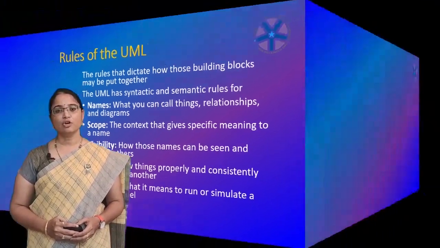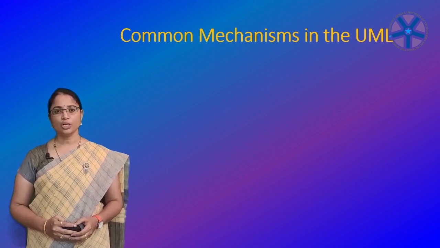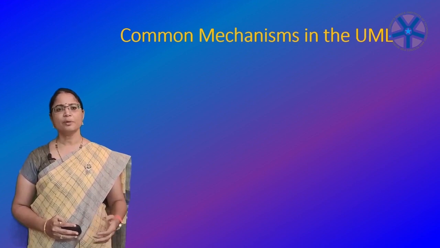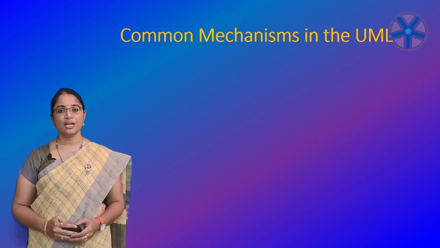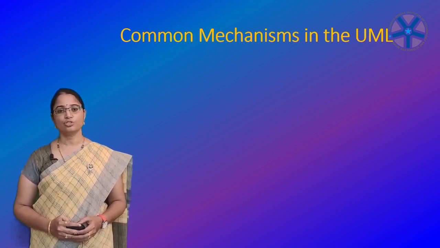Next one is common mechanisms in the UML. Coming to the common mechanisms, a building is made simpler and more harmonious by the conformance to a pattern of common features. A house may be built in the Victorian or French country style, largely by using certain architectural patterns that define those styles.